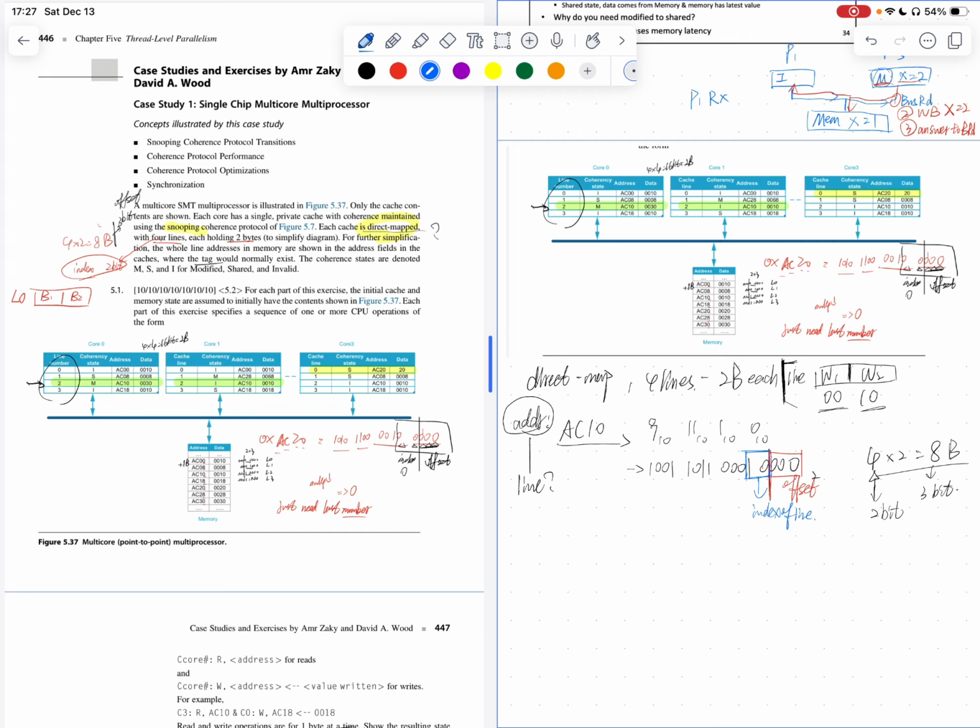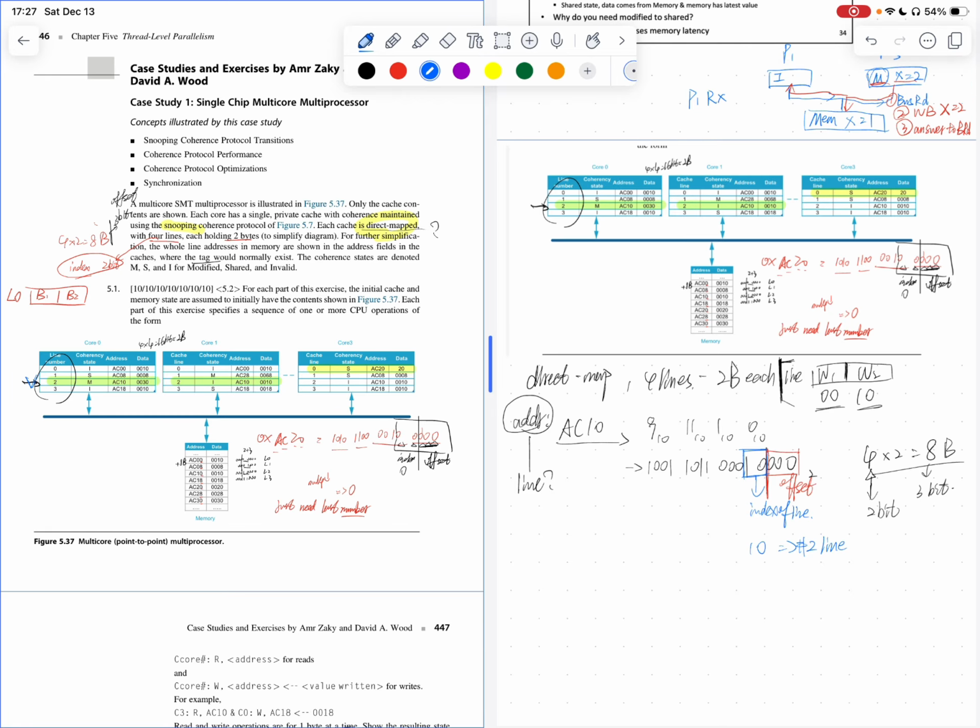So from here, 1 0 means the second line, number 2, and we can check that. Yes, actually it's in line number 2. That is how this works, right?